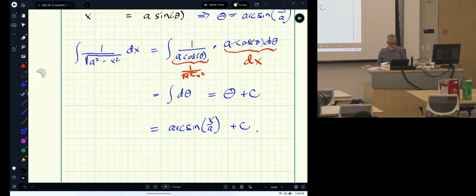Yeah, so now you know the derivative of arc sine of x over a, right? By the fundamental theorem of calculus, this is arc sine x over a prime, right?